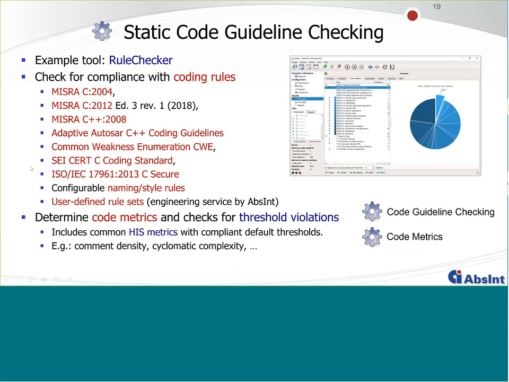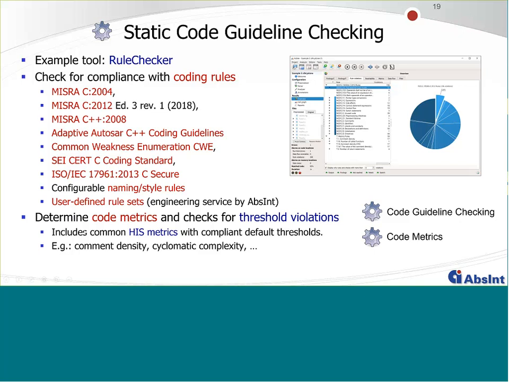These days there is a big set of commonly accepted coding guidelines which contribute to safety or security critical development, like MISRA C, C++, Adaptive AUTOSAR C++, Common Weakness Enumeration, CERT C, ISO C Secure, and more. These standard rule checks are covered, and code metrics are also computed, and it's possible to check for violation of these code metrics.